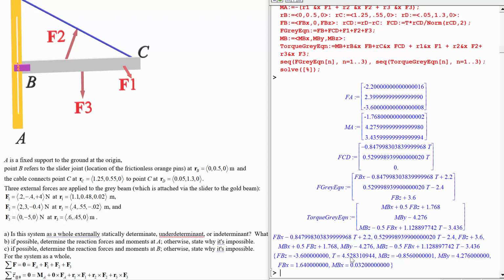If it turns out the system was not statically determinate, then you might get a problem at this step. The issue is, with round-off error, it's possible that you have a redundant equation.